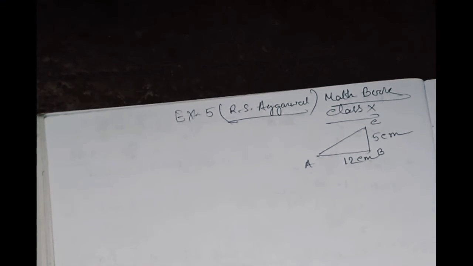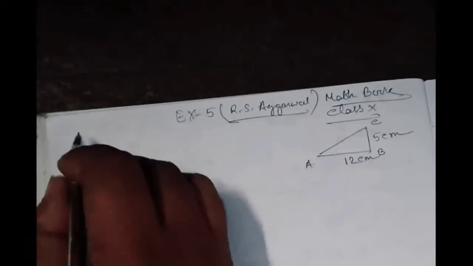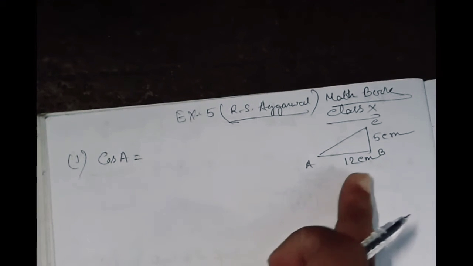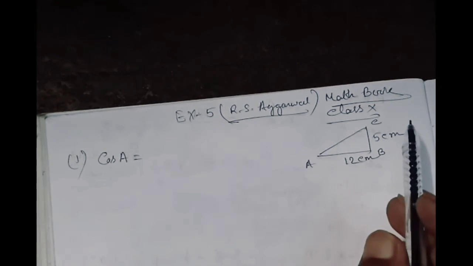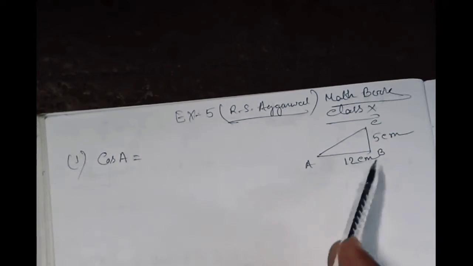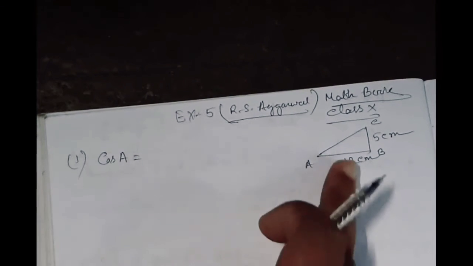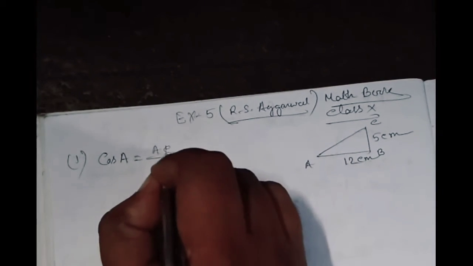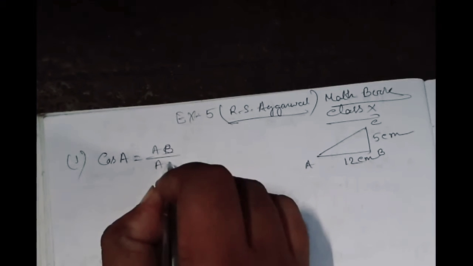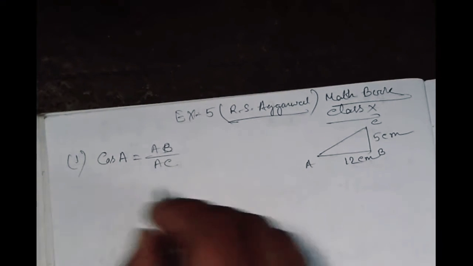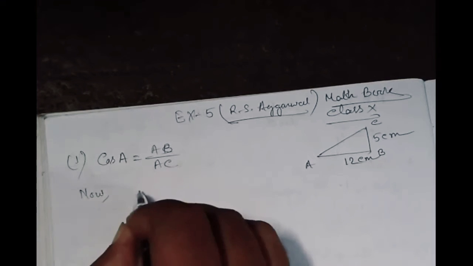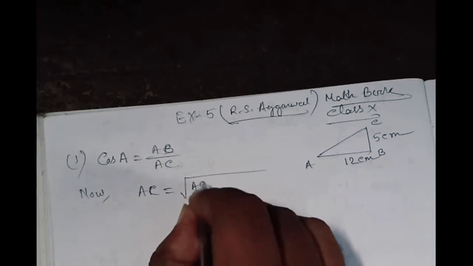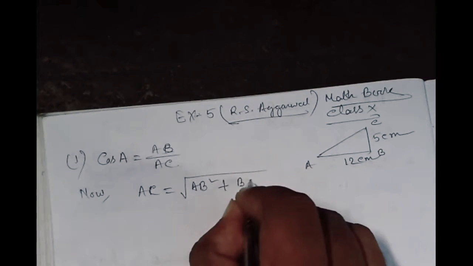Okay, now first we have to find cos A. Cos A is equal to base by hypotenuse. Now hypotenuse we don't know, so we have to find AC, that is AB by AC. Cos A is equal to AB by AC. Now AC is equal to root over of AB square plus BC square.